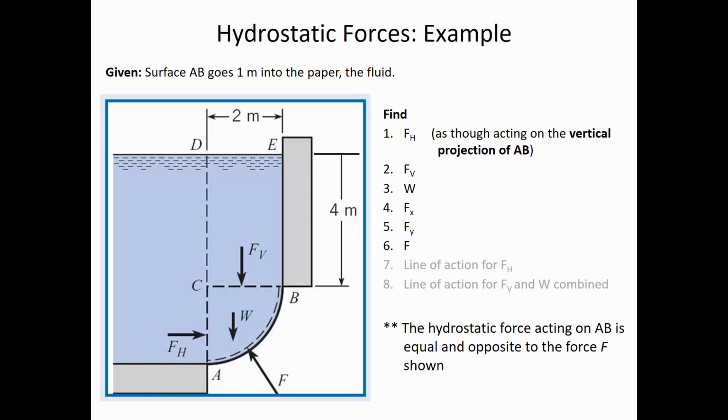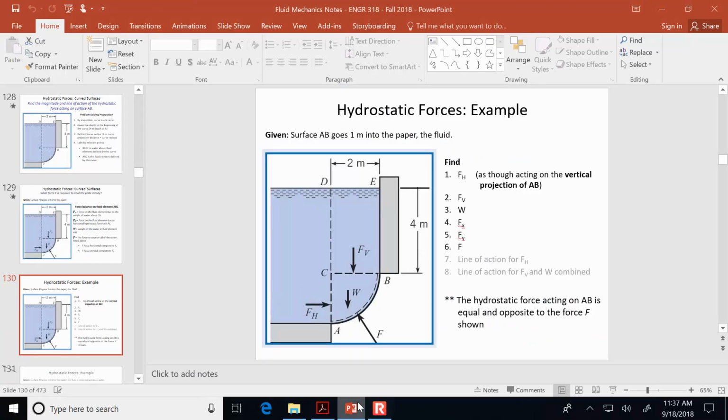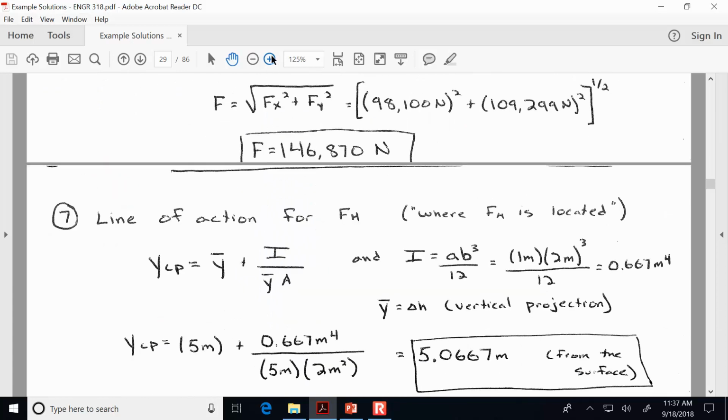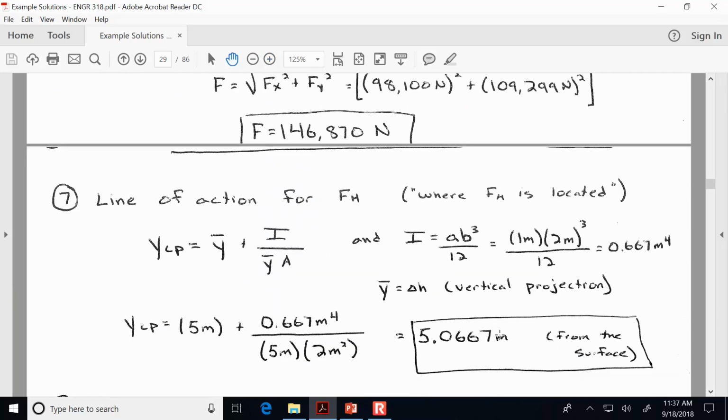The center of pressure is where the equivalent hydrostatic force is located. So what is YCP? You'll remember that for the calculations we do for that, we have to know y bar, and since it's vertically oriented, y bar equals delta H. That makes things a little bit easier for us.